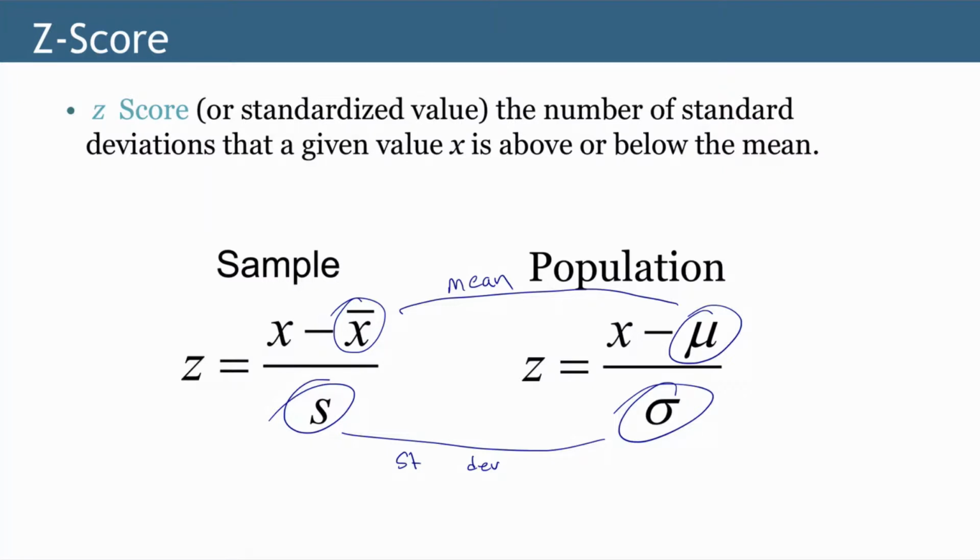All right. So z-score, it's a way to standardize things. So first of all, what's this up here? That's a deviation. So how far from the mean are you? And then you divide by the standard deviation, which standardizes it. All right. And this allows us to compare apples to apples, if you will.